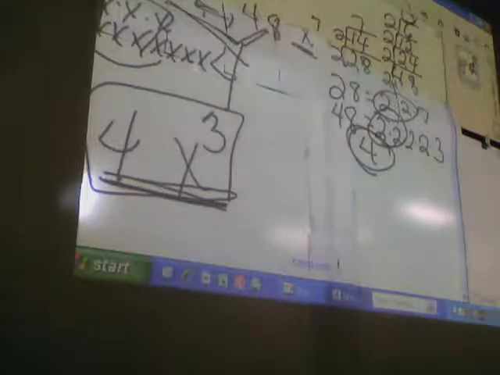See, the 28 and the 48 had a greatest common factor of 4. We prime factored it so that we could break it down and see what all the factors are. If it's a very big number, you do this.